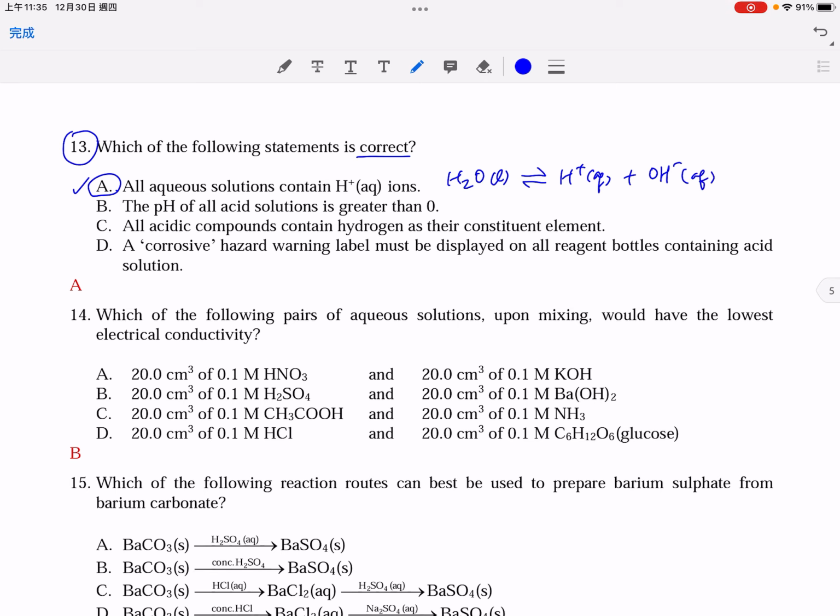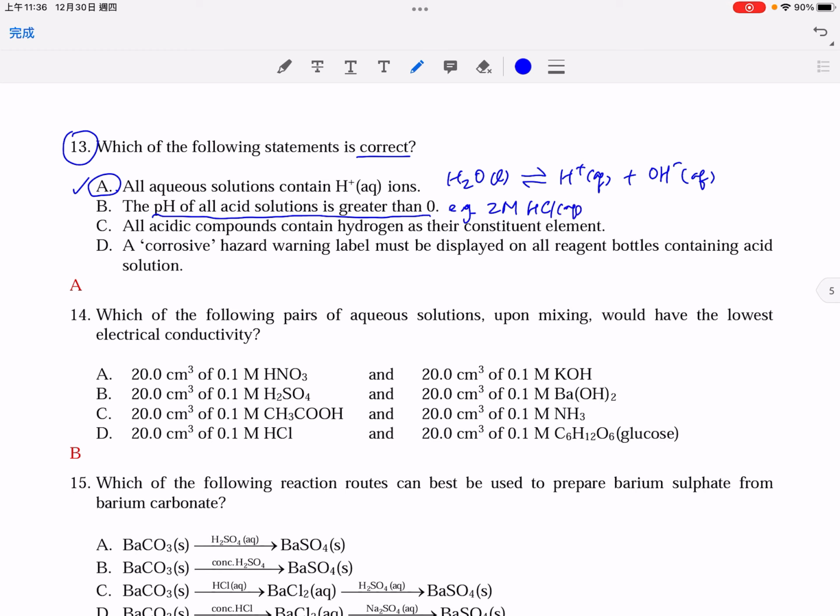Okay, and then for B, pH of all acid solution is greater than 0. It seems to be correct. However, if you think of the following counterexample, what if the X is a sample 2M HCl?